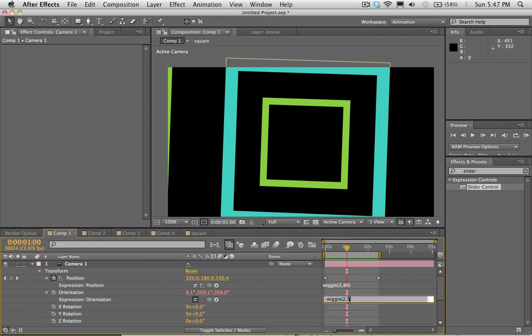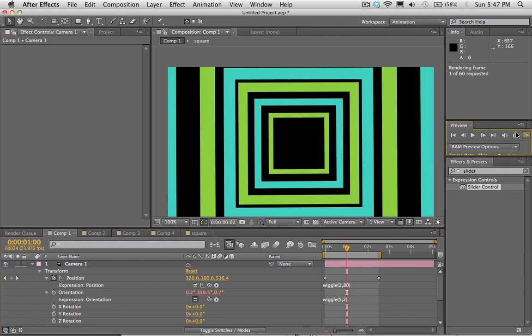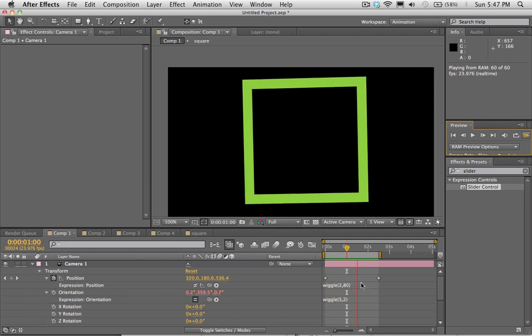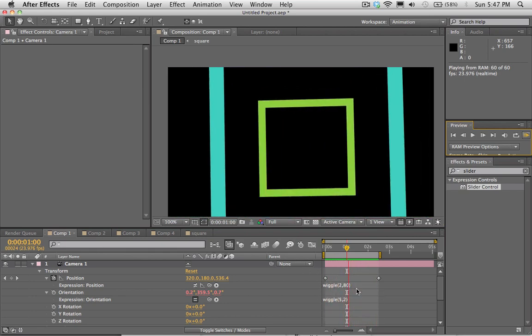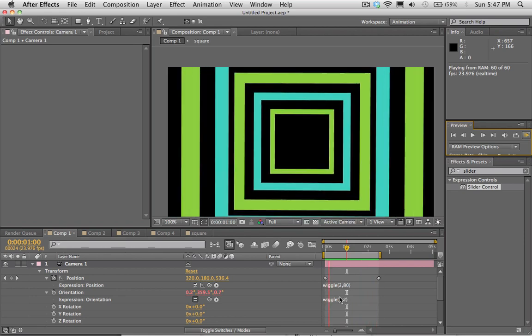We can undo that. We'll put that back to 2, and maybe now we'll put this to 5 times a second. So now it's going to be wiggling 5 times a second. Let's check that out. Okay, so now there's smaller bumps, but they're happening quicker. And so those are how those two numbers work.